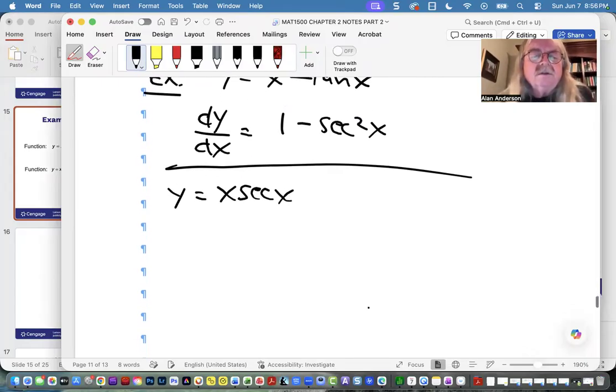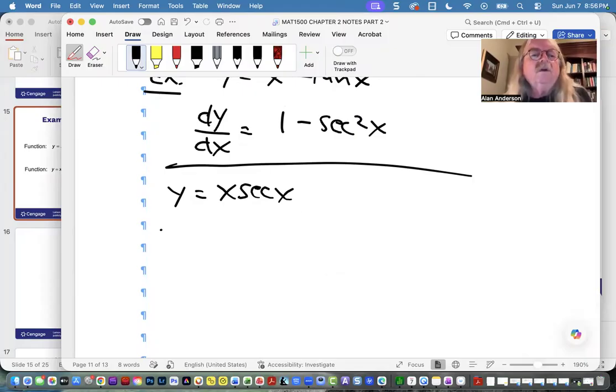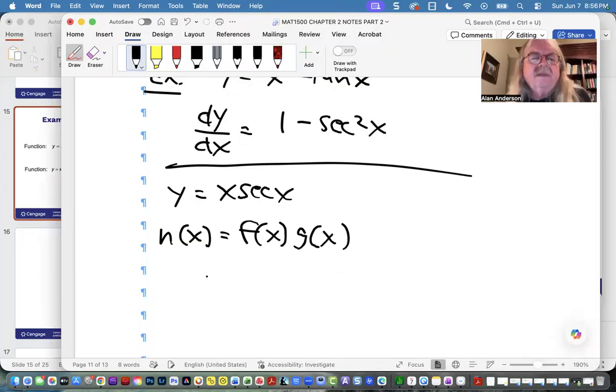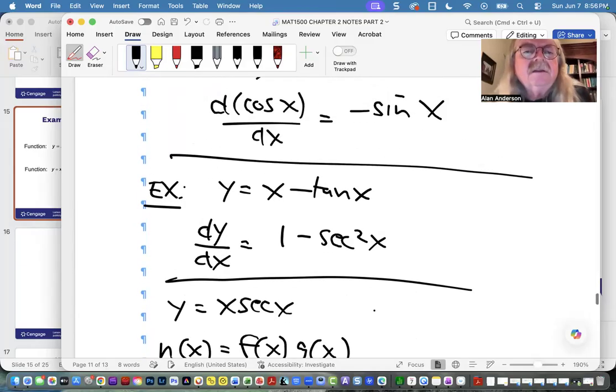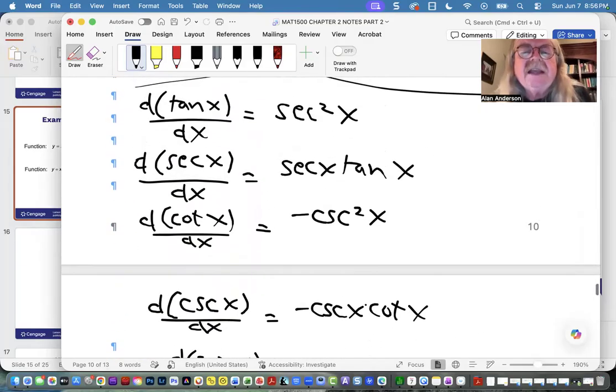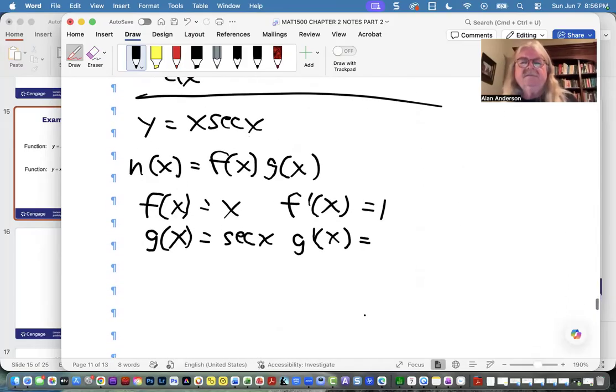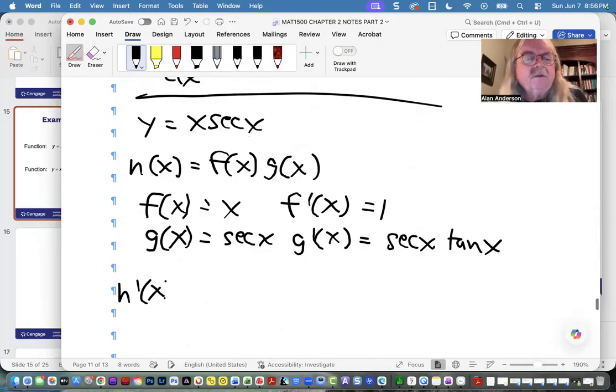So here we're going to assume we'll call this h of x. So f of x is x, f prime of x is 1, g of x is the secant. And based on the chart that we just developed, the derivative of the secant is secant tangent. So we'll just plug everything into the rule.